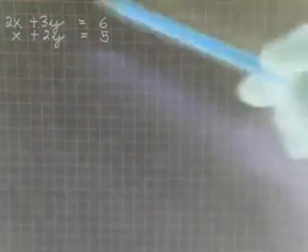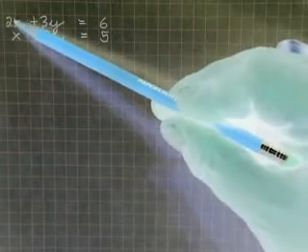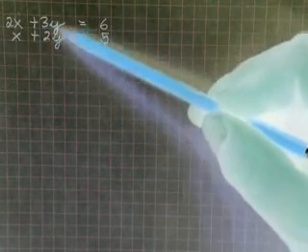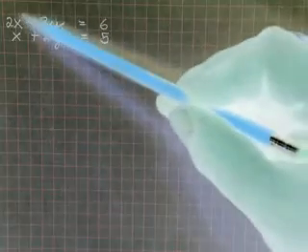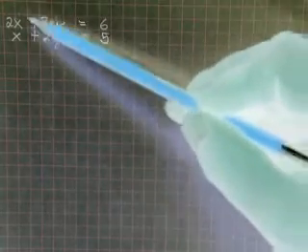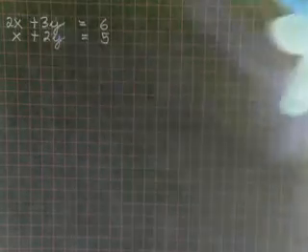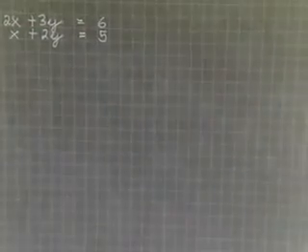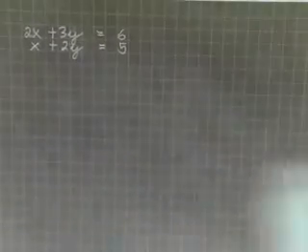But I want to look, I either want a 2 and a negative 2 or a 3 and a negative 3. Basically, one of these coefficients in front of the x or the y needs to be the opposite of the other. I look for an easy one. Again, I'm going to multiply both sides of the equation by the same thing.